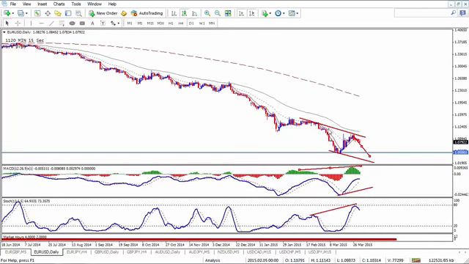What this suggests is that the market is loading up its momentum to continue that move to the downside. Now, even if we didn't have that, all of the moving averages are telling me that we are still down. Everything is down, and there's no reason to trade up just yet.